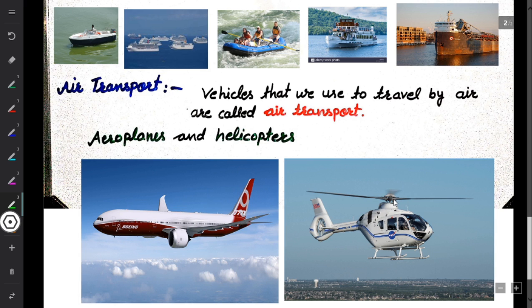Helicopters are used for short distances. They carry fewer people than aeroplanes. They are often used for carrying medicines, food, and other necessary items to people in times of urgent need.